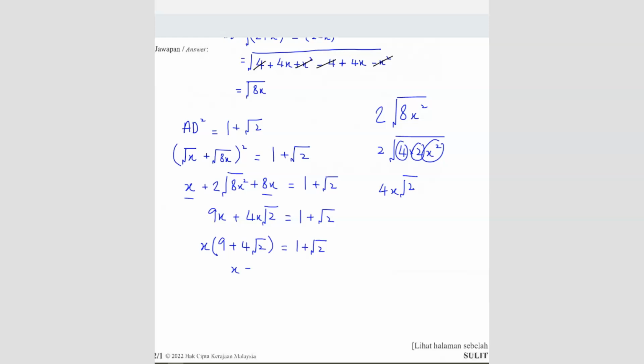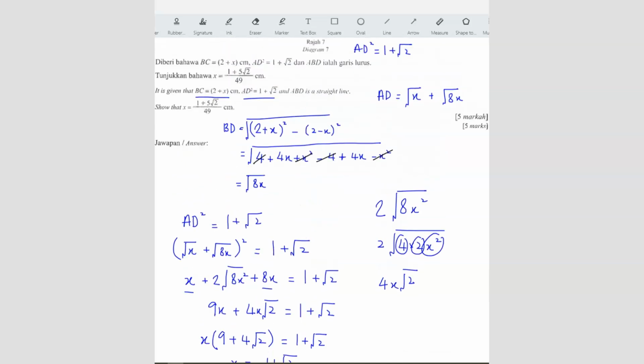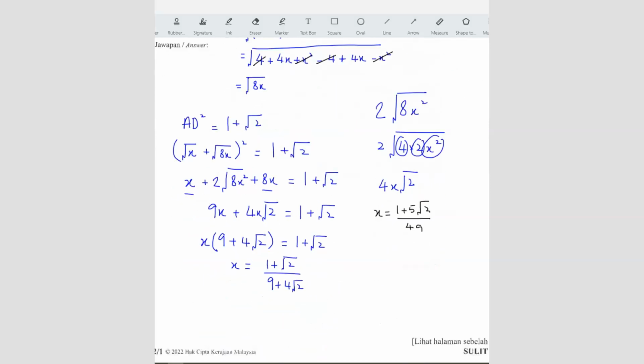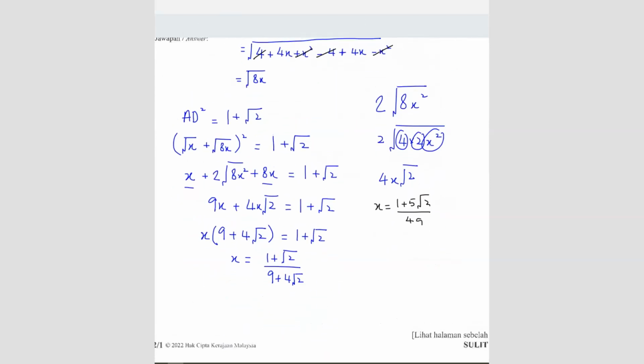Okay, so you shift the other side, you get 9 plus 4 square root 2. Okay, so now what they asked to prove? The one that they want is x equals to 1 plus 5 square root 2 over 49. So what we have to do is we have to multiply the conjugate.